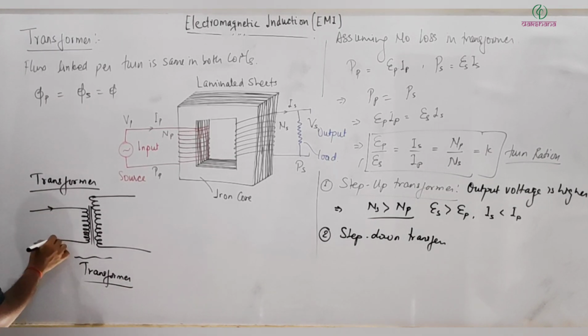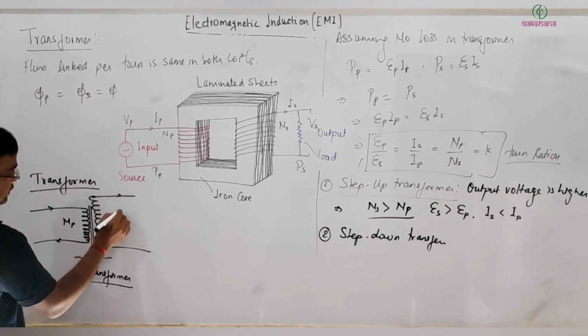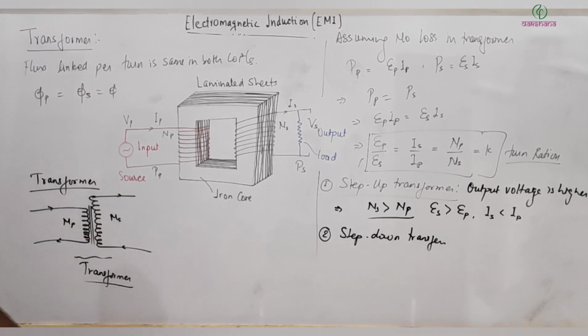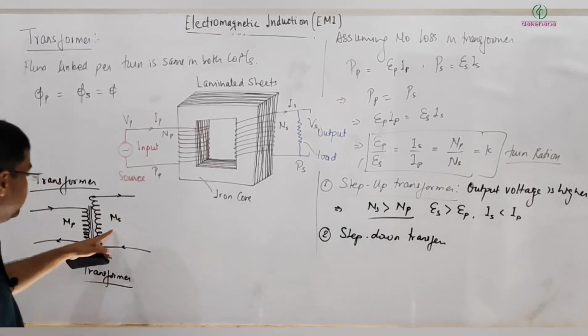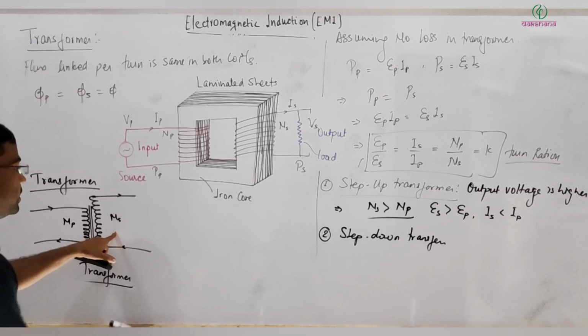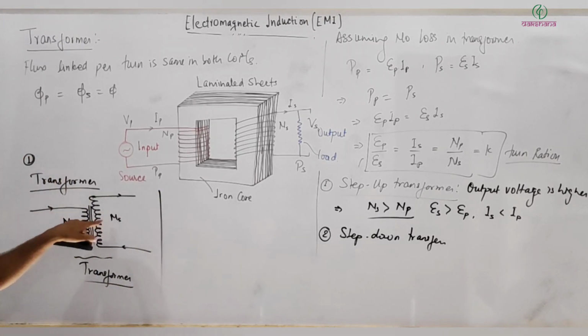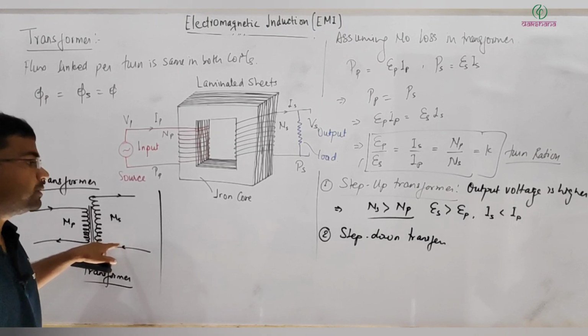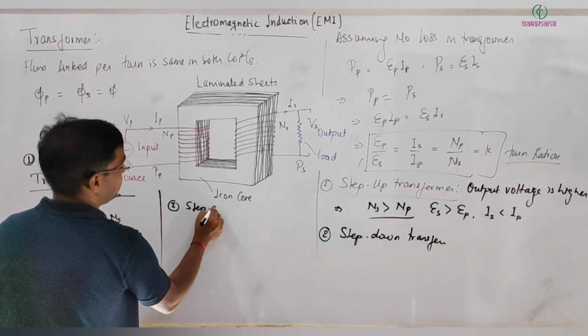Here it's NP and the secondary this way. Basically, you can say this is the step up transformer, and this is the symbol of a transformer. Here I have drawn the step up transformer also. Similarly, the second will be the step down transformer.